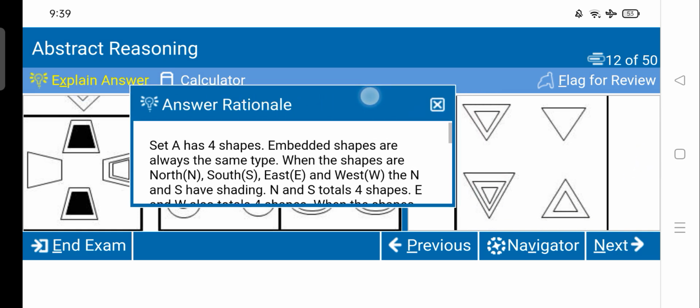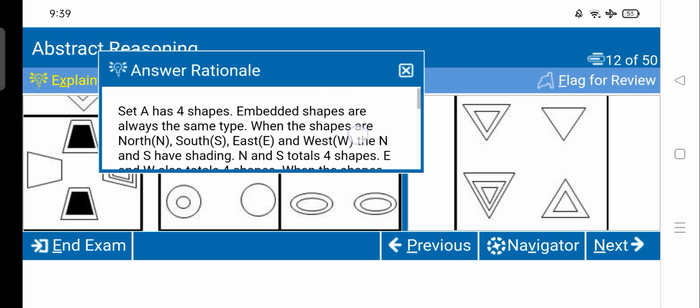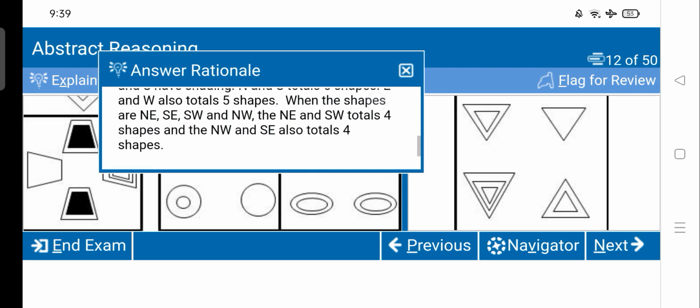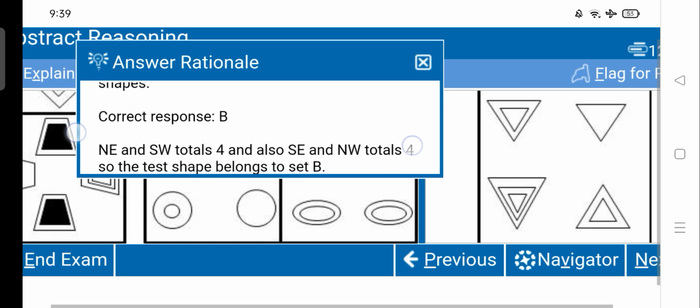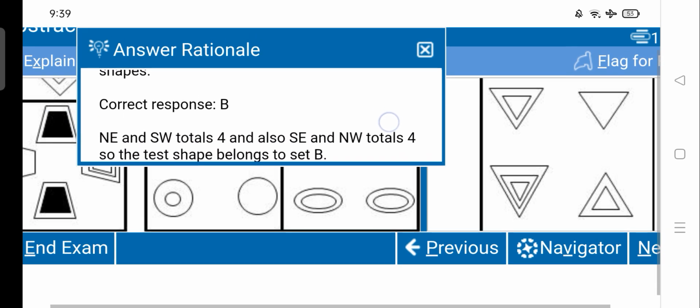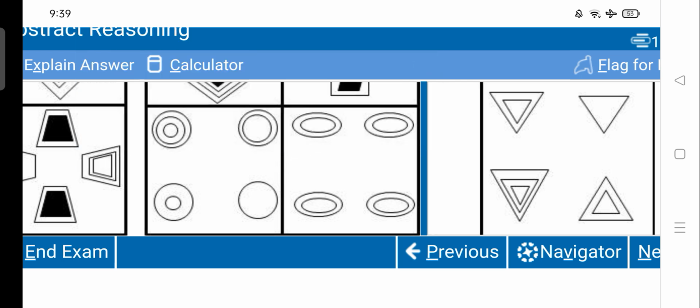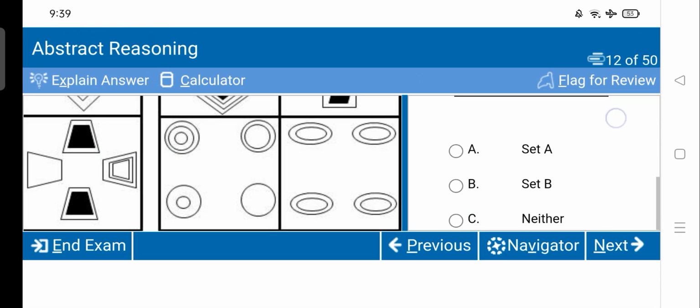So again we have the same rules for both set A and set B. The correct response is option B, as NE and SW total 4 and also SE and NW total 4. So the test shape belongs to set B. So that's how we can say the correct option is option B. This test shape is related to set B.